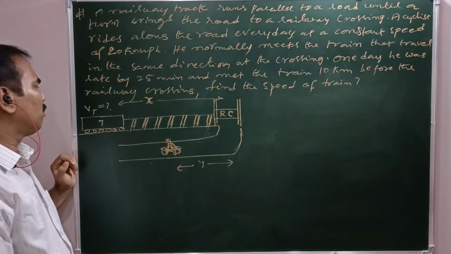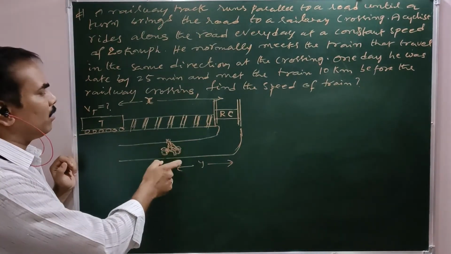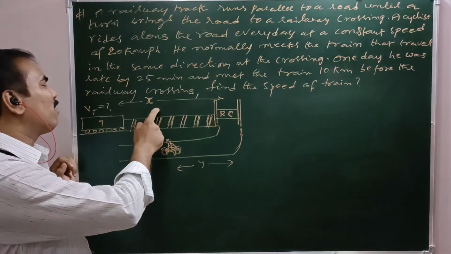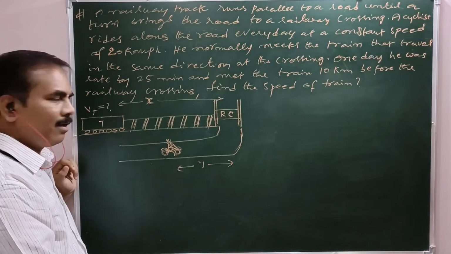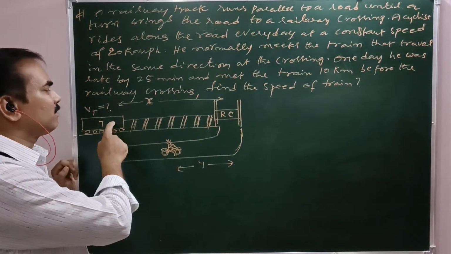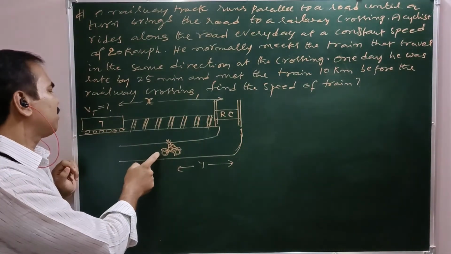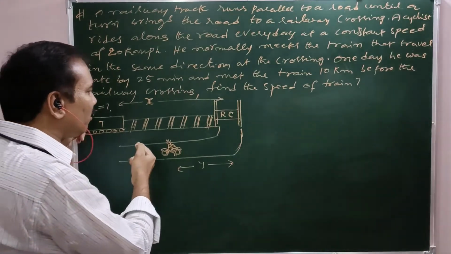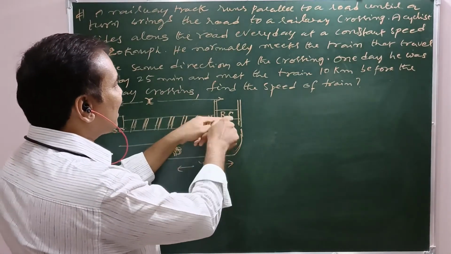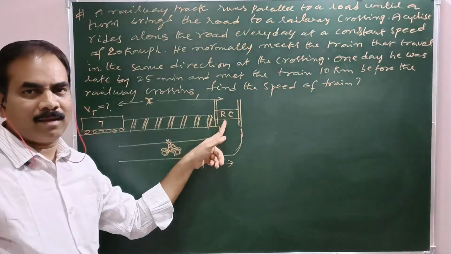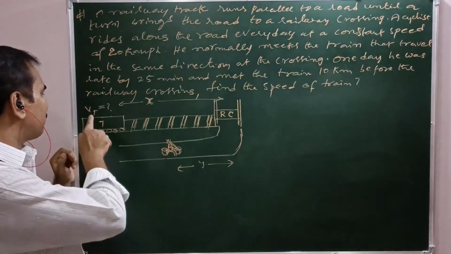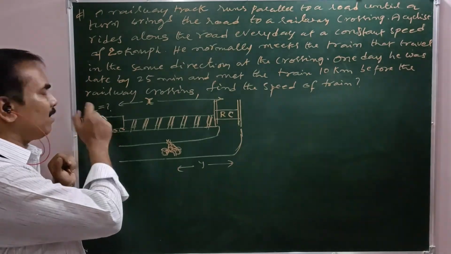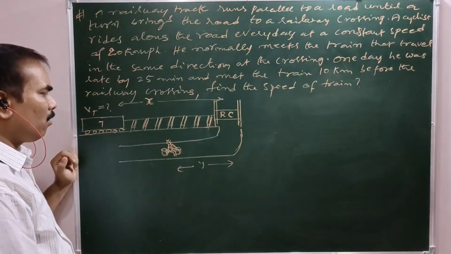Right? So these distances are to be covered by both the train and the cyclist every day with their constant speeds from their initial positions, and both meet at the railway crossing every day. The cyclist's speed is 20 km/h, and the train's speed is the unknown Vt.